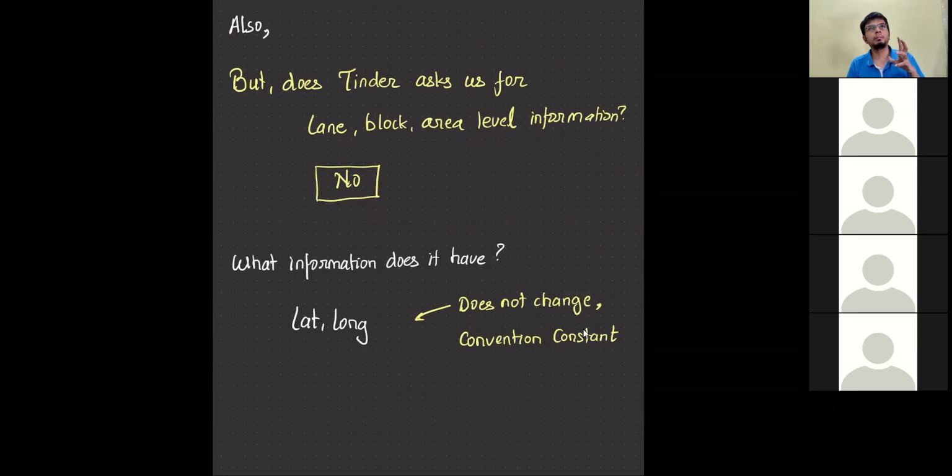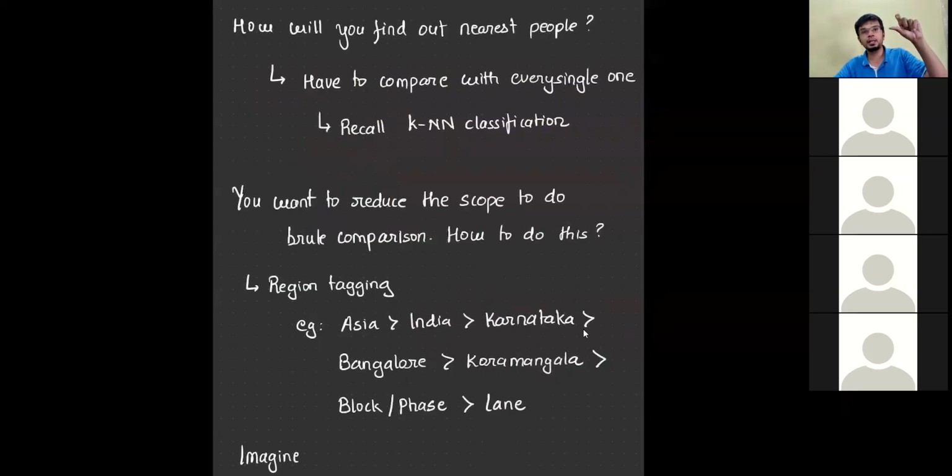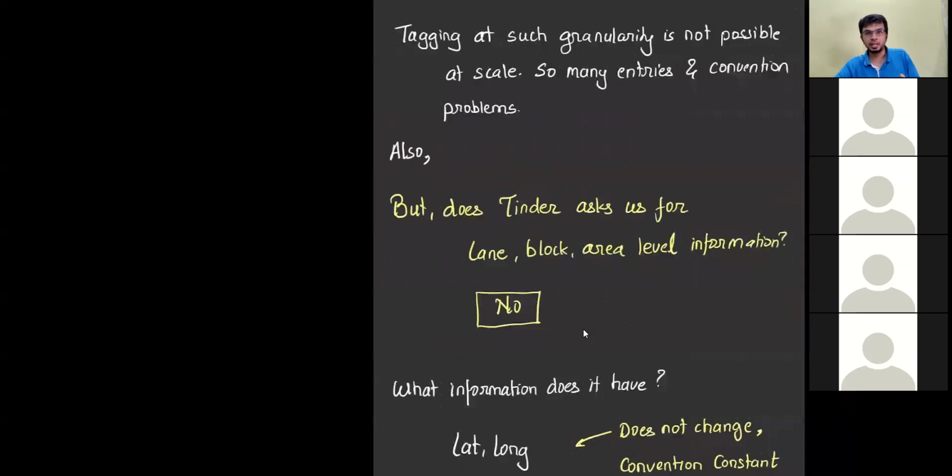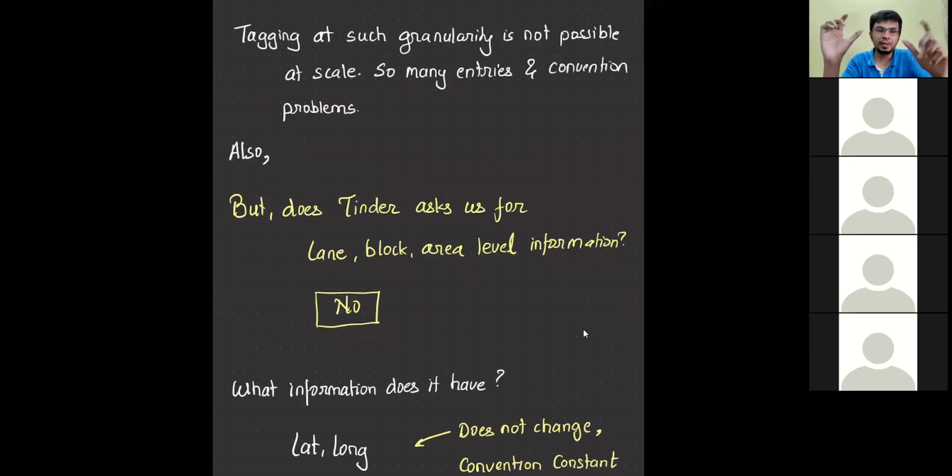Now that we understand why this is a very big problem, the way we would approach the solution is something very simple. What is that one piece of information that is not changing at all? Tagging people with Asia, India, Koramangala, Bangalore, Karnataka will keep changing, because if a user moves from one place to another, this would keep changing. But lat-long is that one uniform piece of information that we have.